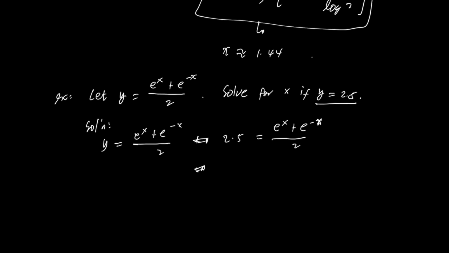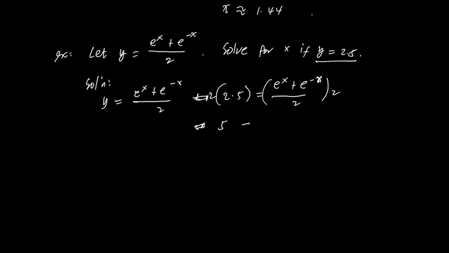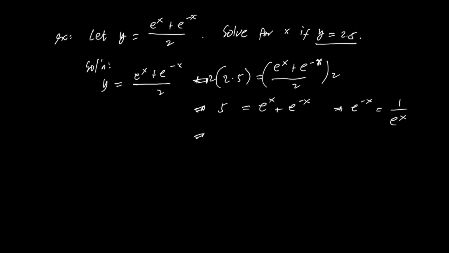So just substitute. And then multiplying both sides by 2 to eliminate the denominator, we have 5 equals e to the x plus e to the negative x. Take note that e to the negative x is just 1 over e to the x. So we can have 5 equals e to the x plus 1 over e to the x.